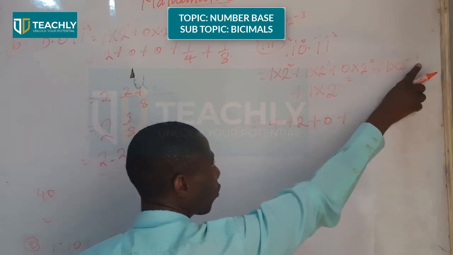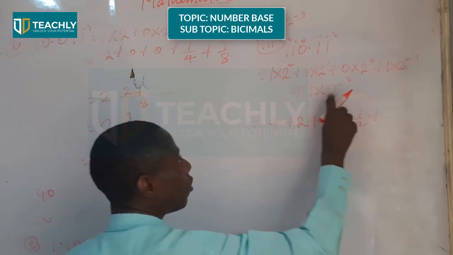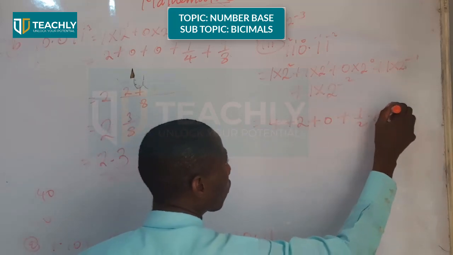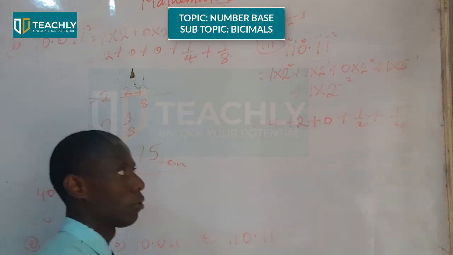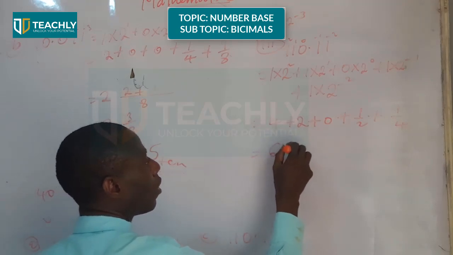Minus 1 is 1 over 2. 1 over 2 times 1 we have plus 1 over 2. Minus 2 is 1 over 4. 1 over 4 times 1 we have plus 1 over 4. So here you can say 4 plus 2, that is 6. Then plus.